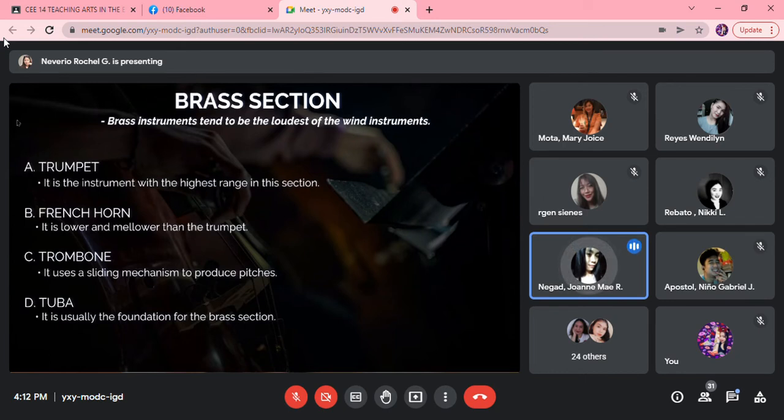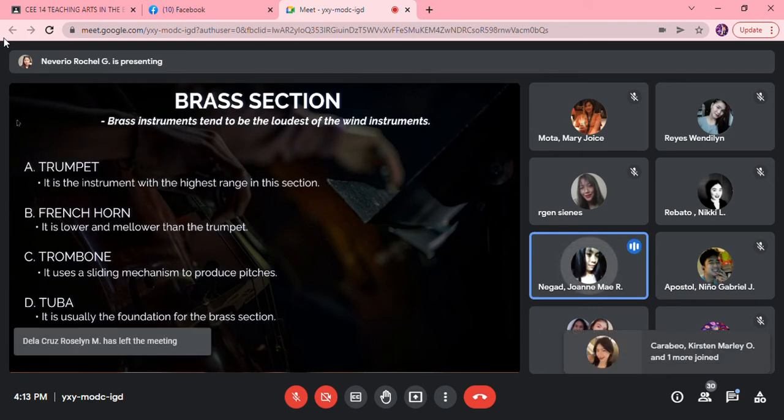To produce a sound, the player blows into a small metal mouthpiece which makes the lips vibrate. This sets up vibration inside the brass tube. So dito, kailangan mag-blow siya doon sa pinakamaliit na mouthpiece para mag-produce ng vibration.